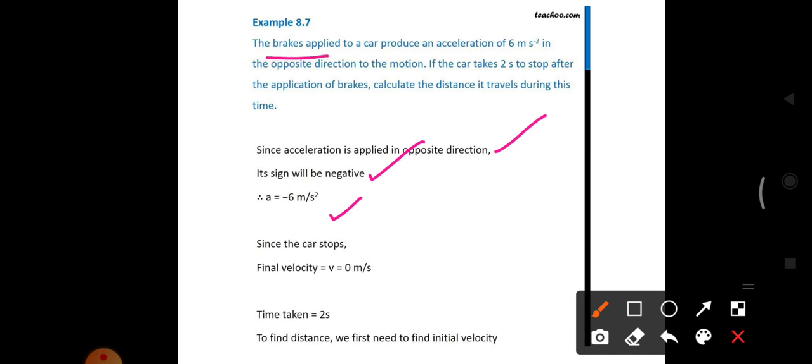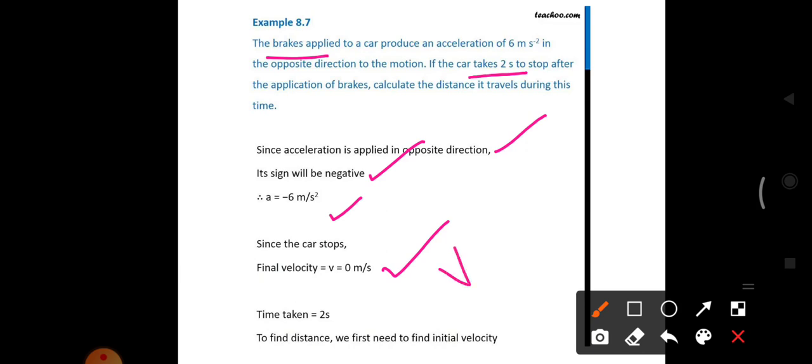Since the car stops when we apply the brake, the final velocity v equal to 0 meter per second. How many seconds does it take to stop? It takes 2 seconds. You have to calculate the distance.